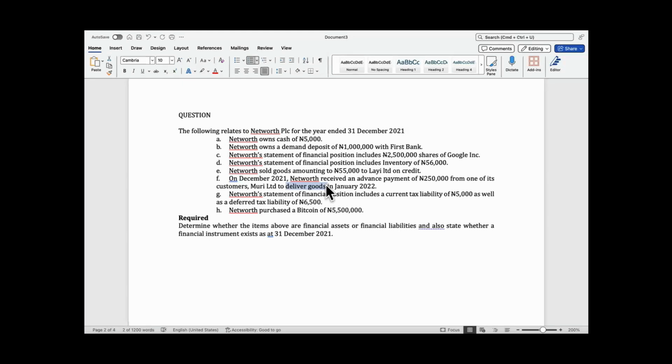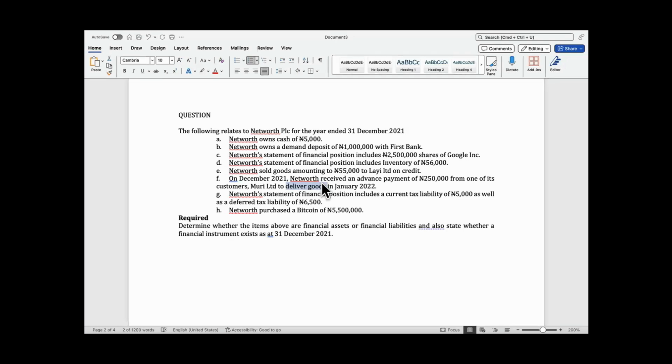So in this case now, net worth only has an obligation to deliver goods. So it doesn't have any financial liability here. It has a contract liability. Amuri Limited also is expecting service.